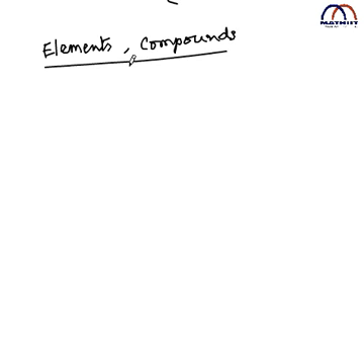Now let me tell you one important thing about both elements and compounds: they are pure substances. Why are they pure substances? Because if you take any element, it is made up of identical particles, the same type of particles, and if you take any compound, it is also made up of the same type of identical particles.